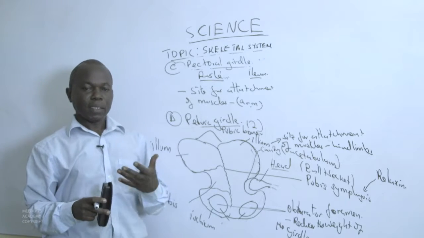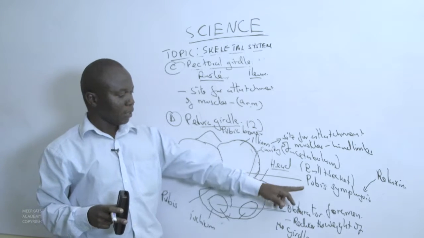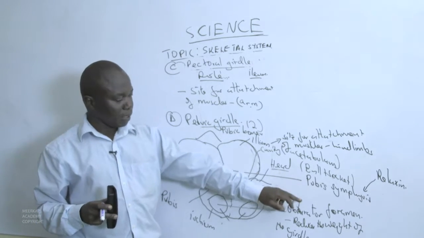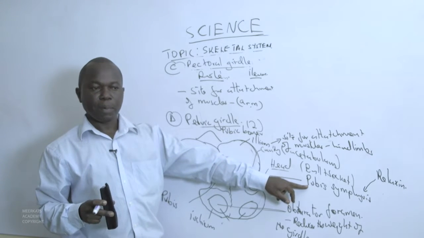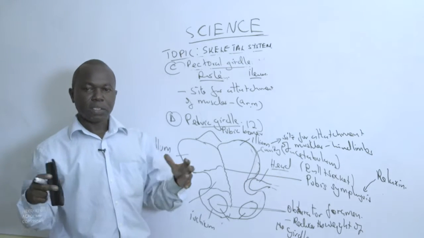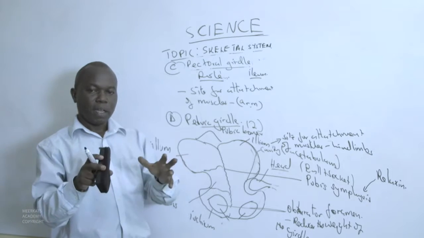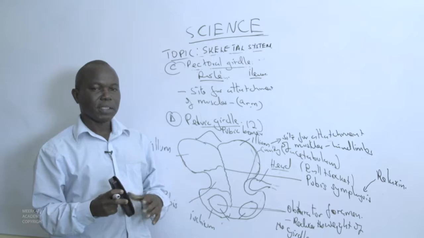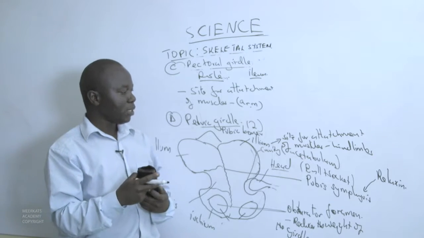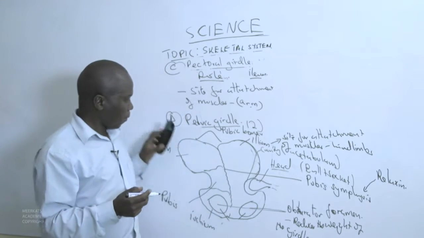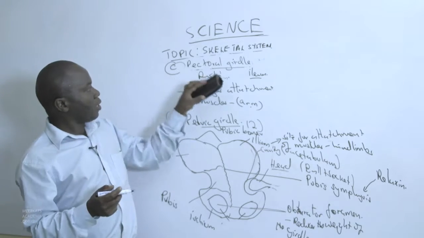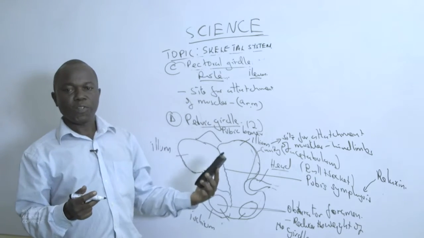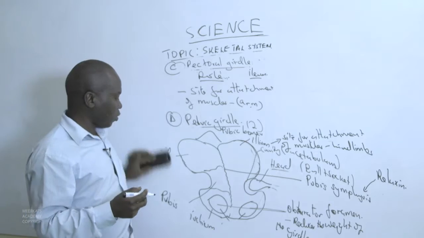So when a woman gets into labor pains, relaxin is released. It causes the pubic symphysis to relax a little bit so that the vaginal canal can increase to allow the baby to be born. So I think those are the major areas of the appendicular skeleton.